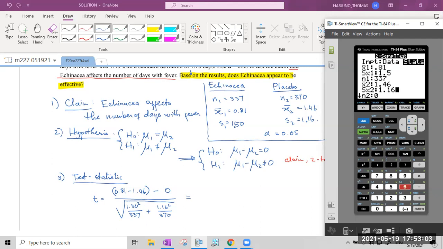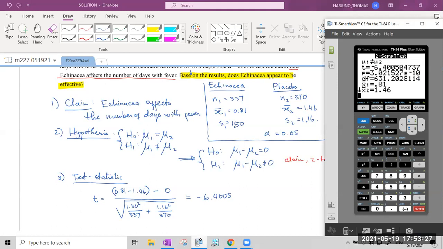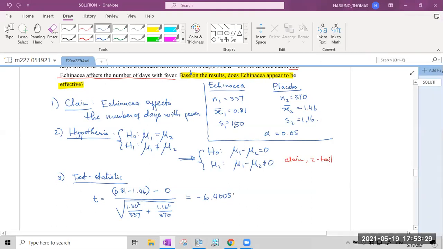The sample size is 370. We are testing two-tailed. No, it's not pooled. And calculate. So the t-score is negative 6.4005. That's the test statistic.